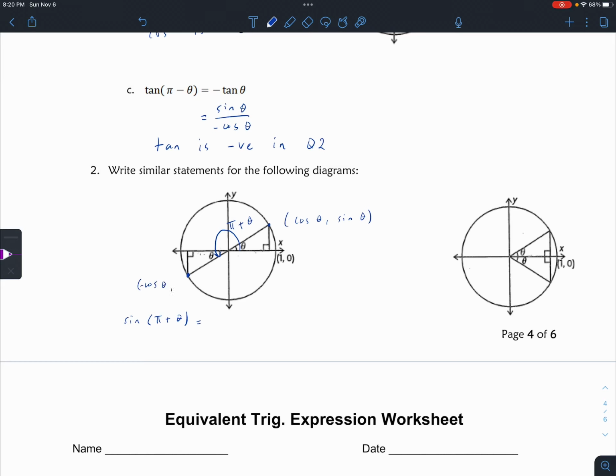Cosine is negative. Here the x values are negative. Now sine is also negative because the y values are negative. So that would mean that this is going to equal negative sine of theta.